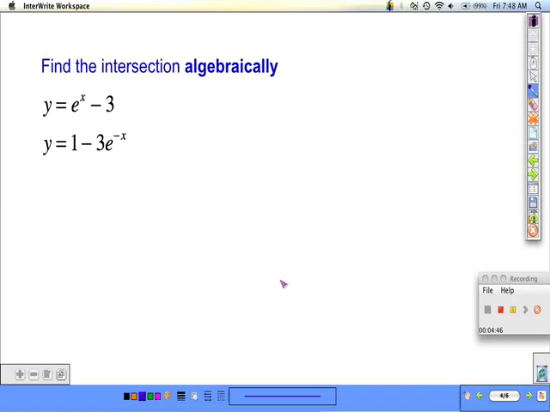So we're going to find this intersection algebraically, meaning without using our graphing calculator. Since they're both y equals, we can set them equal and then get it equal to 0. I'm going to write e to the negative x as 1 over e to the x.